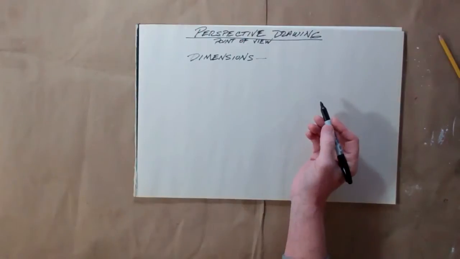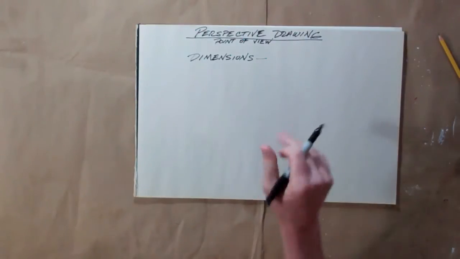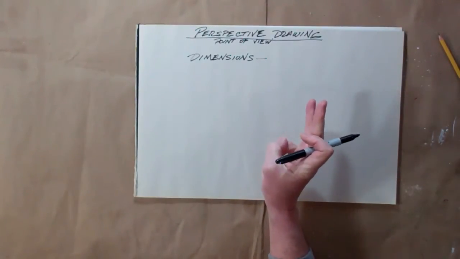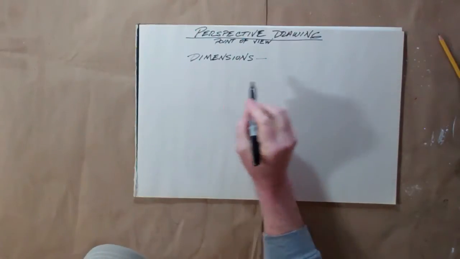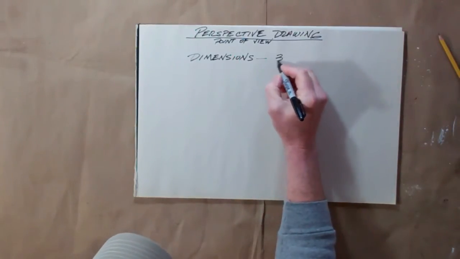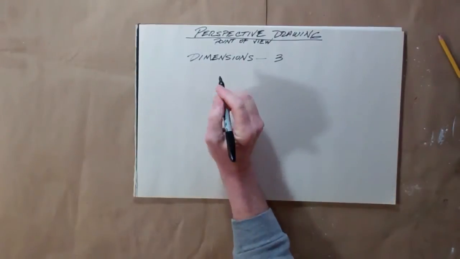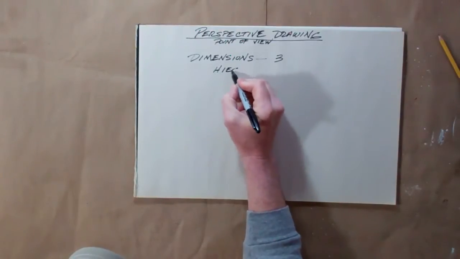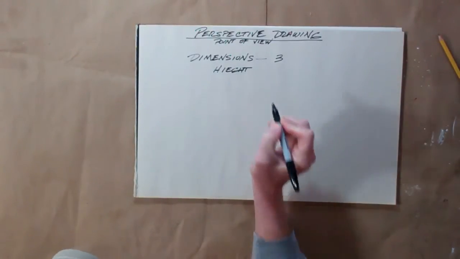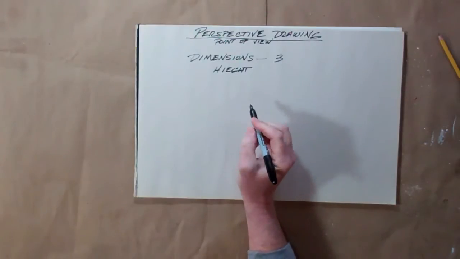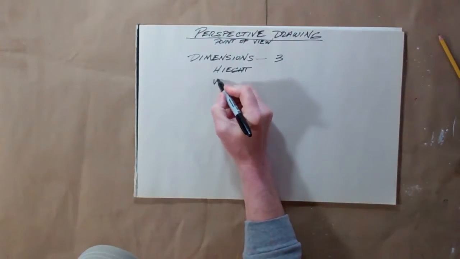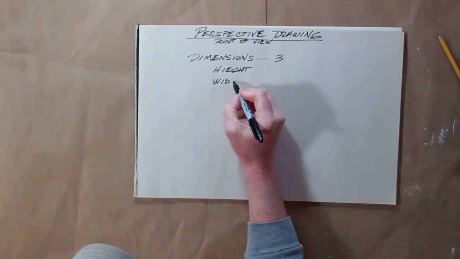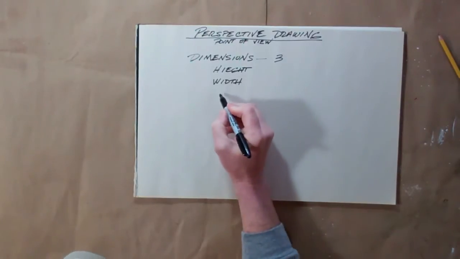Well, what that refers to is three things referring to an object. There are three of them, three dimensions that we discuss, and one is height, and another is width, and the third is the depth.